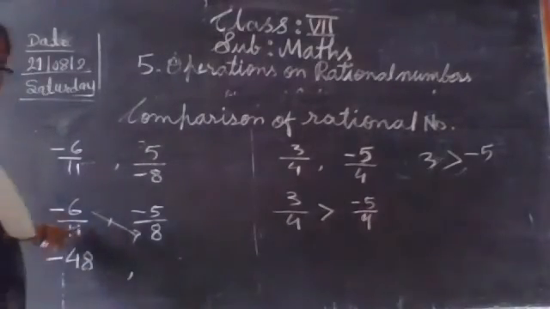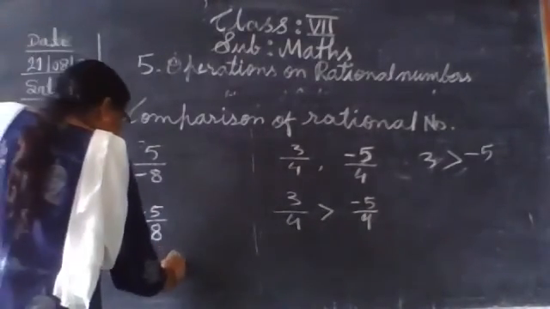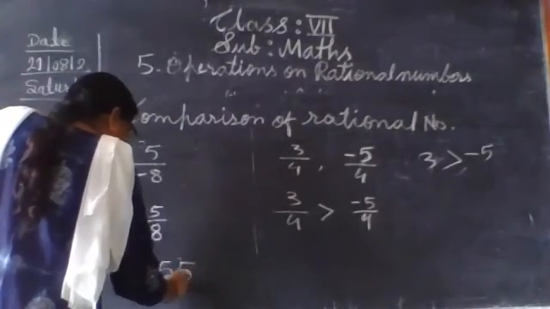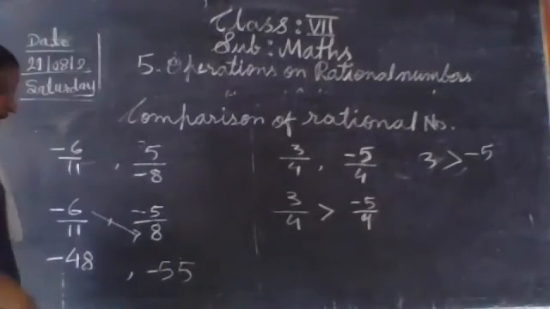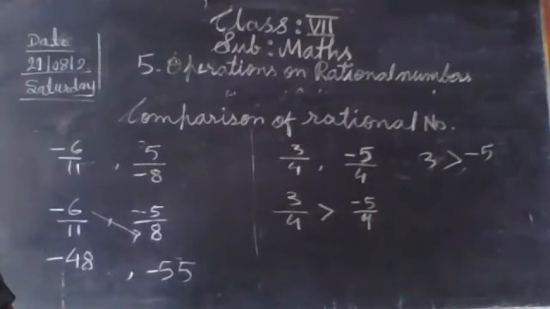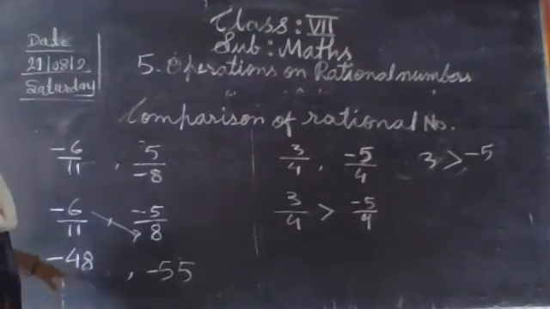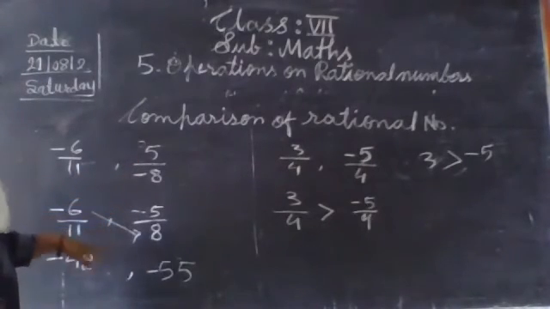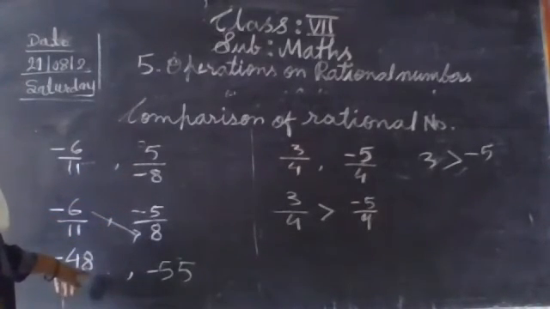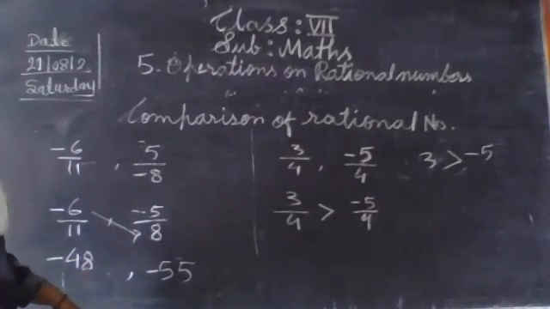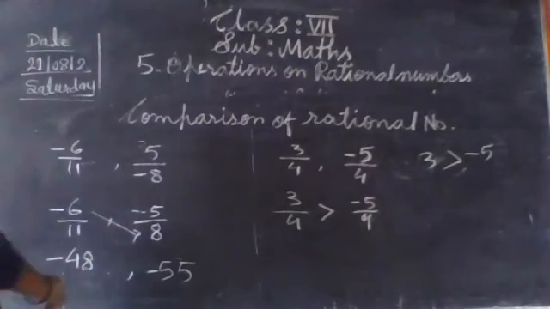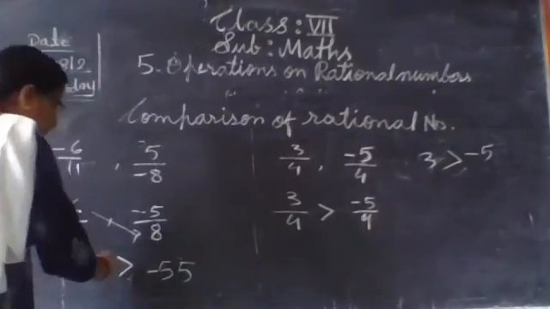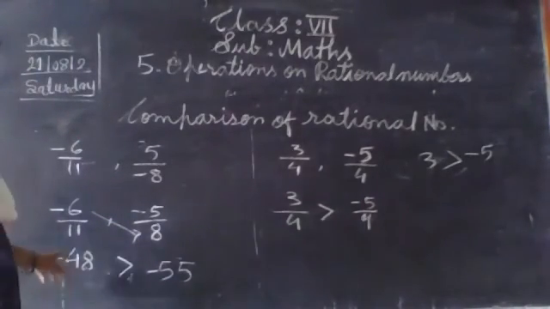Then 11 5s are 55, minus into plus is minus. And we learned in integers, beta, that the negative number which is closer to 0 is greater. See, which one is nearest to 0, 48 or 55? Yes, 48. So minus 48 is greater than minus 55.